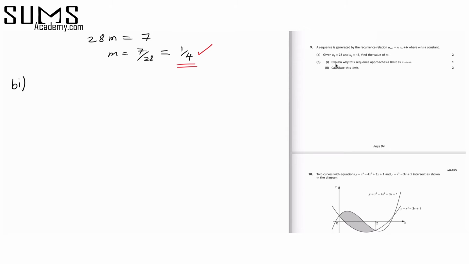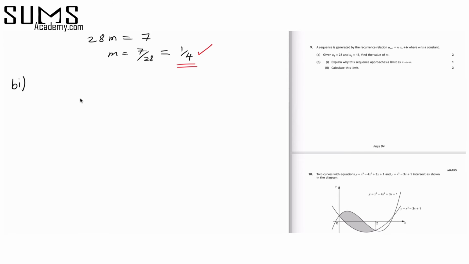So part b(i). Explain why the sequence approaches a limit as n approaches infinity. So this is a linear relationship, and we know this because it's got this fraction here. This is a proper fraction between -1 and 1.